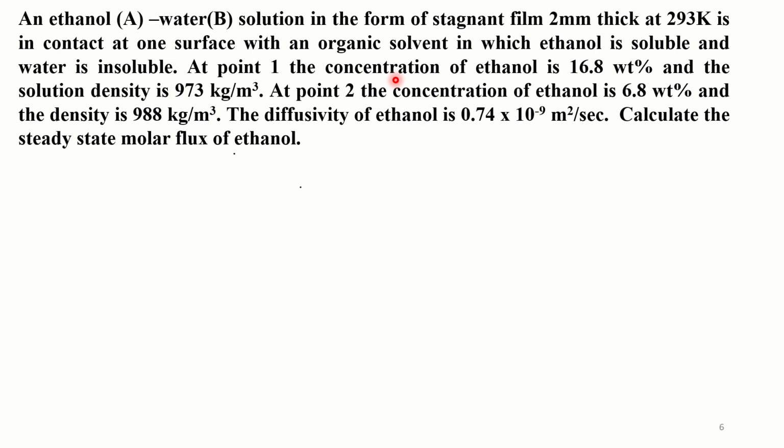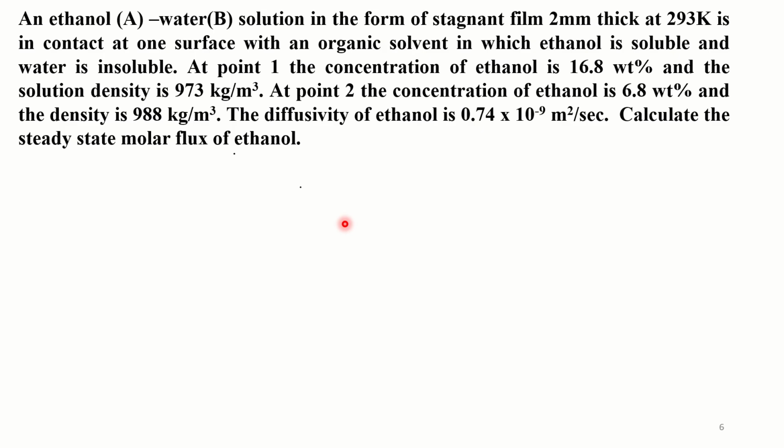Then at point 1, concentration of ethanol is 16.8 weight% and the density corresponding to that. Similarly, at point 2, concentration in terms of weight percentage and corresponding density are given. So these data will help us to calculate mole fraction data.